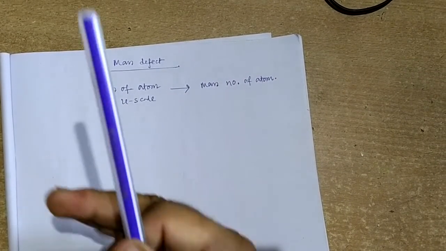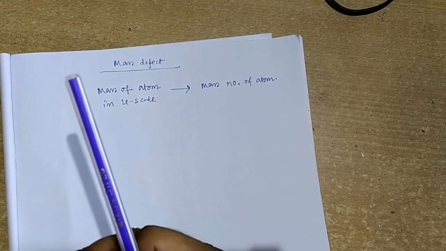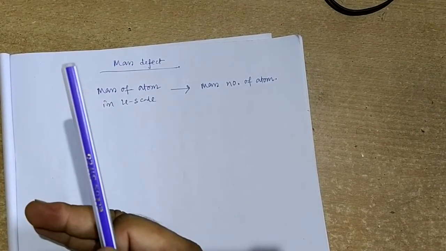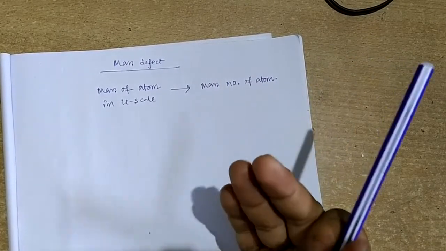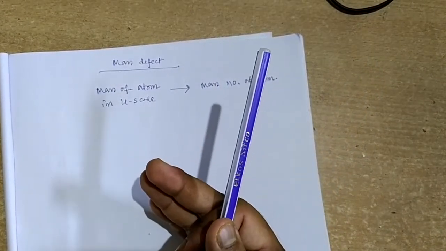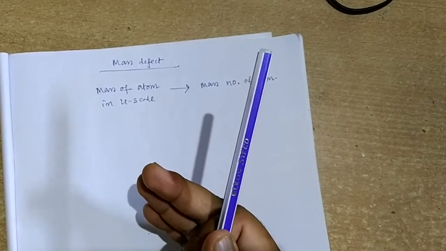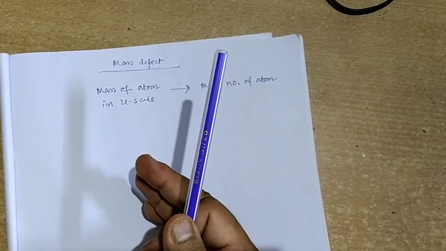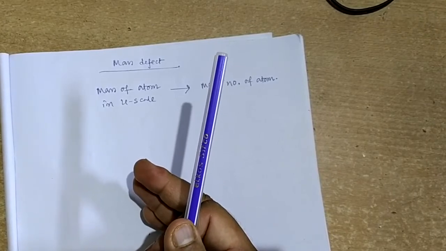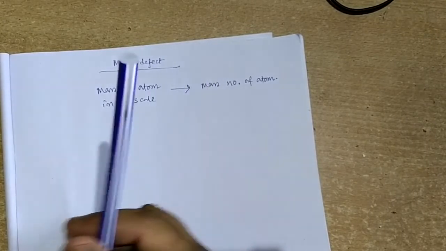In between this limit, that means higher than 20 and less than 180, the atomic masses are slightly less than the corresponding mass number.